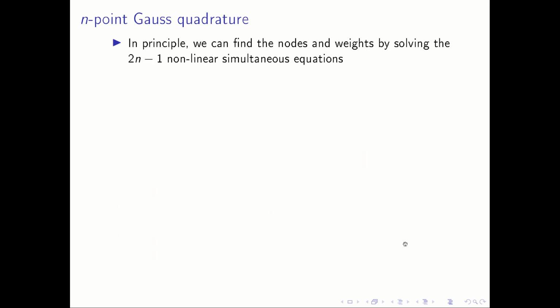So in principle, we can find the nodes and weights by solving the 2n nonlinear simultaneous equations that we can write down. That is, demand that this integral be exact for f of x equal to 1, which will give me w1 plus w2 up to wn is 2, just like we had before. Then demand again that it is exact for x, so I will get w1 x1 plus w2 x2 plus w3 x3 up to wn xn equals 0, and for x squared, 2/3, and so on.